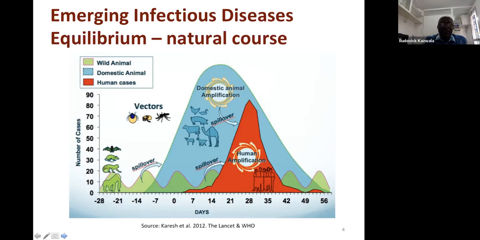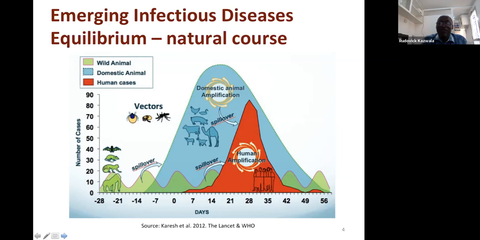bottom left, in the green zone is the wildlife, and disease may be occurring in low instances and changing patterns at some point. But when this disease in wildlife gets into livestock or domestic animal populations, there might be some amplification, and they may infect a number of domestic species and cause morbidities and mortalities.